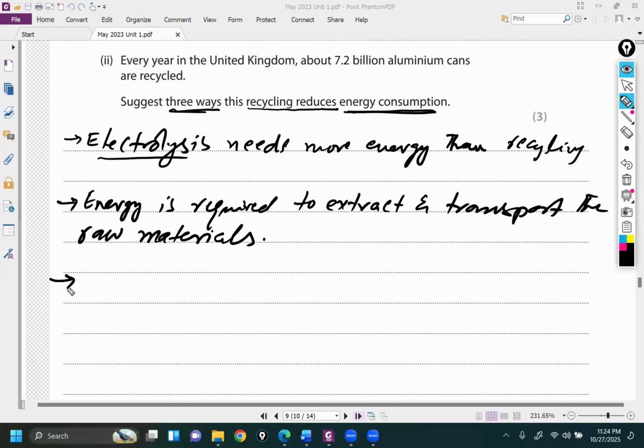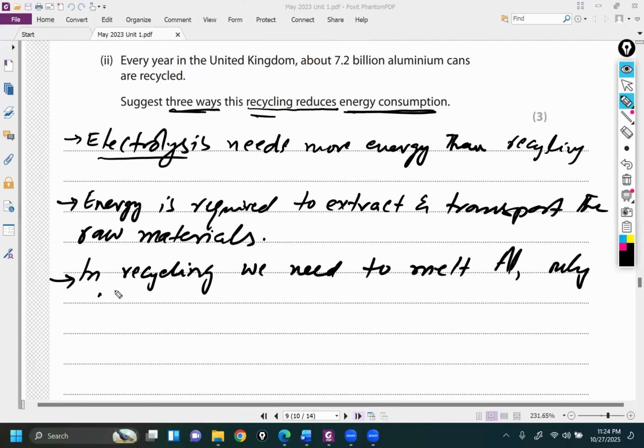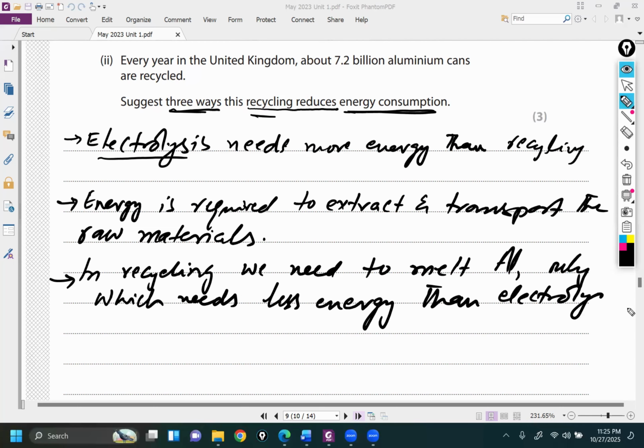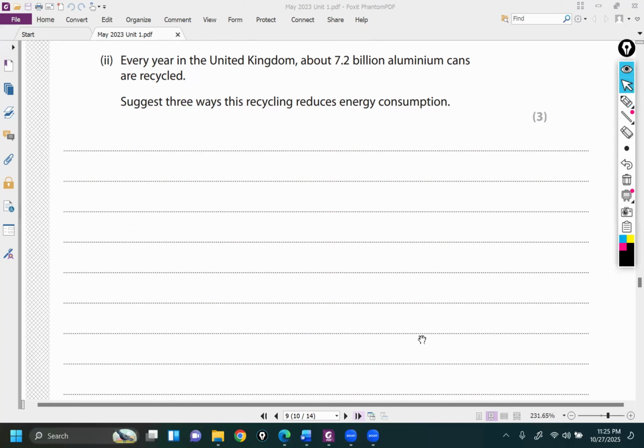Now, in recycling, we need to melt aluminium only, which needs less energy than electrolysis. So this also reduces the consumption of energy. 3 points and 3 marks.